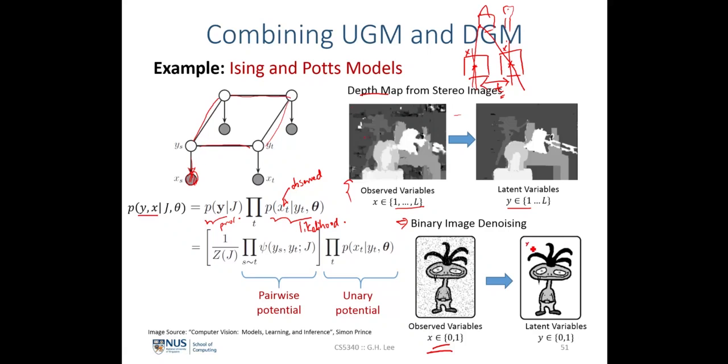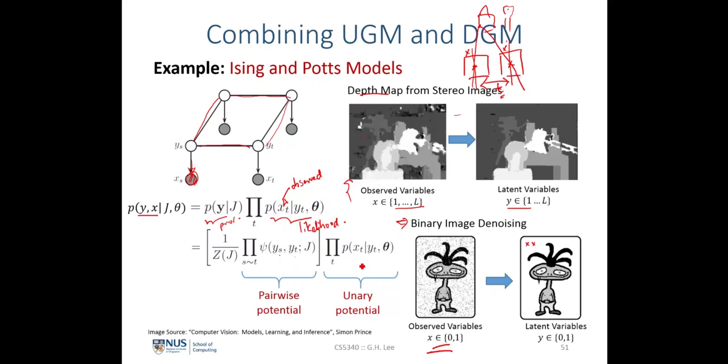We want two neighboring pixels to take the same label as much as possible. Hence, we model this using the pairwise potential, and we penalize the cost of this potential if the two neighboring random variables are not taking the same label, and encourage it if they are taking the same label.